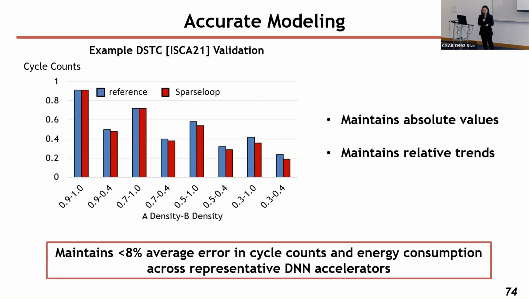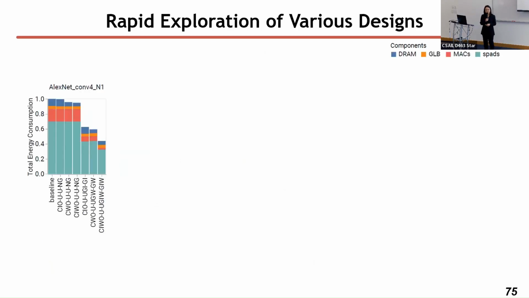In general, we have evaluated Sparseloop across different sparse DNN accelerators and workloads. We are able to maintain less than 8% average error in cycle counts and energy consumption. So now that we have shown the framework is fast and accurate, we want to also show the flexibility of the framework.